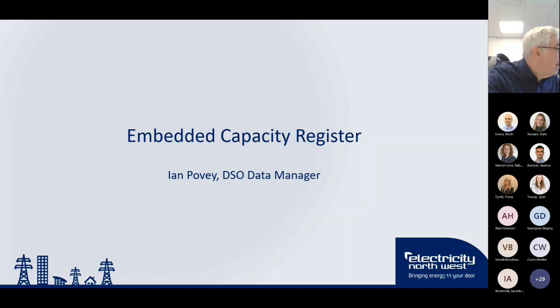So DCP 350, which is a modification to the CUSC, which is the connection code for anybody wanting to connect to the distribution network, was brought about by this proposal, and what it did was build on the system-wide resource register, but added more data points in there to help with the analysis required for the capacity market. So that's where we are as of today.